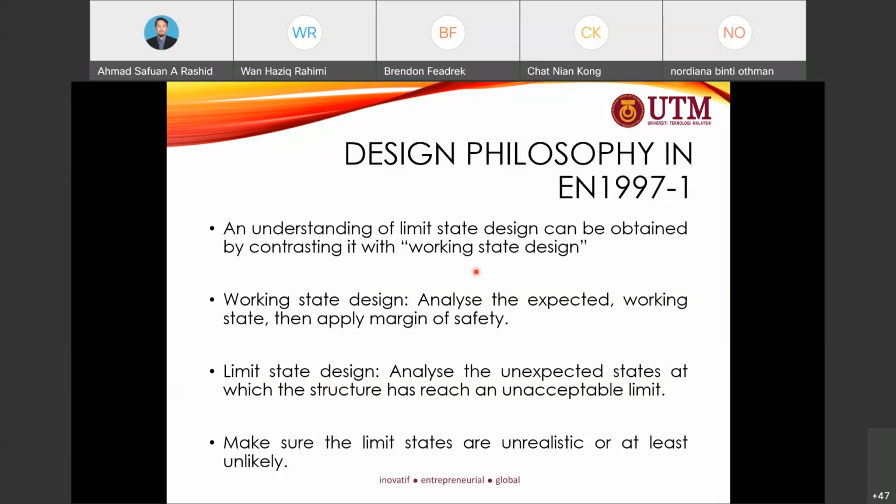The limit state design analyzes the unexpected states at which the structure has reached unacceptable limits, and makes sure the limit states are unrealistic or at least unlikely. So in the design philosophy, they rely on the limit state approach.